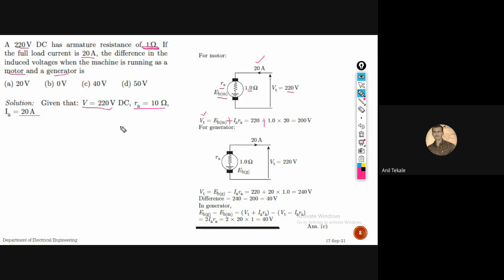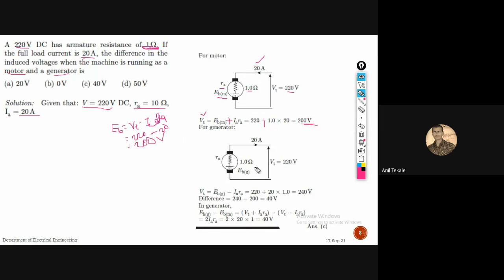So from that we can calculate that Eb is equal to Vt minus IARA. So what is the Vt? That is 220. What is the value of IARA? That will be 20 multiplied by 1, that is 20. So we will get back EMF equal to 200 volt.